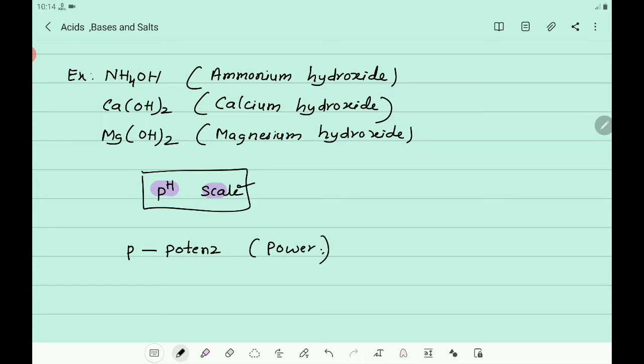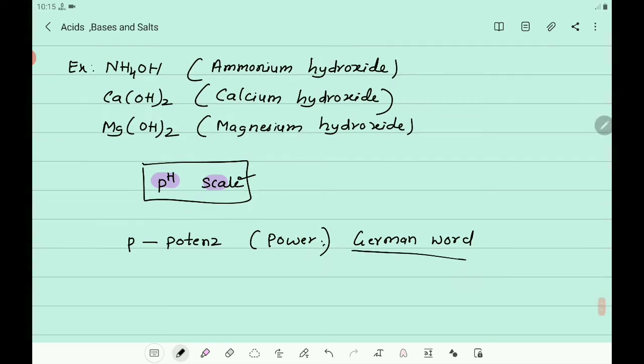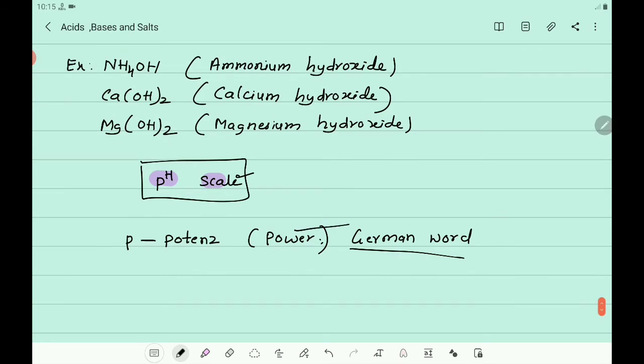And H, that is hydrogen ions. So P in pH stands for potenz, which is a German word meaning power.